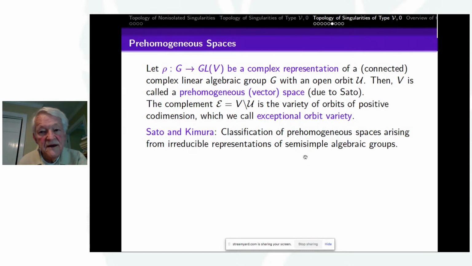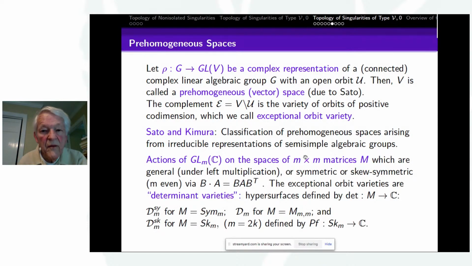So that's done. But from our point of view, for matrix singularities, we can look at the actions of GLMC on the spaces of first M by M matrices, which I'll denote by M here. We can do it in all three cases. If we're looking at the general case, we only have to look under general left multiplication.